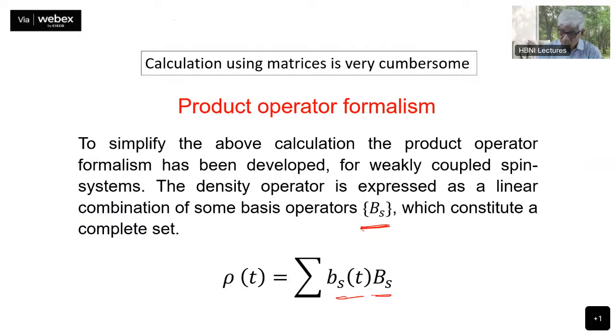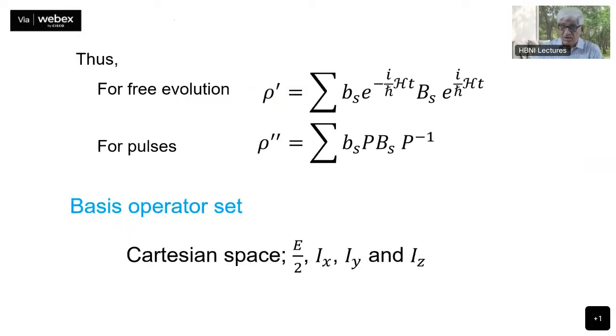So now we have to see what are these basis operators, Bs. And the coefficients actually tell you how much is the contribution of each of these Bs. So when you have that sort of a situation, for free evolution, you have to calculate the evolution of the basis operators. Just as we calculated the evolution of the density operator, now you must know also the free evolution of the basis operators.